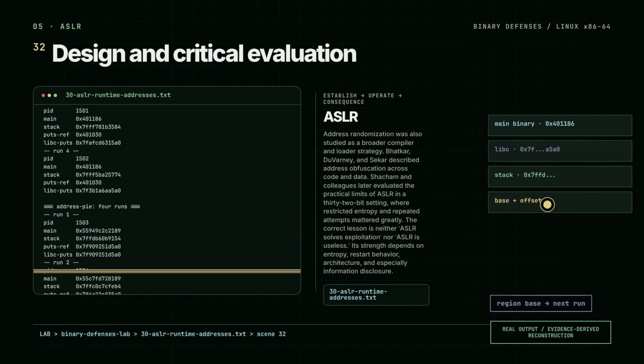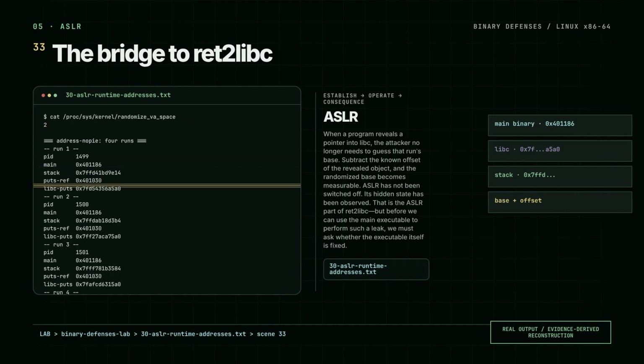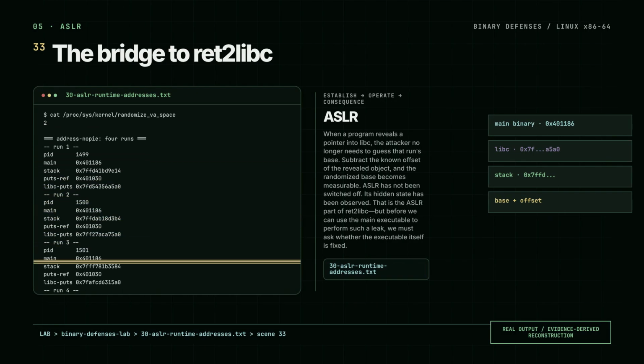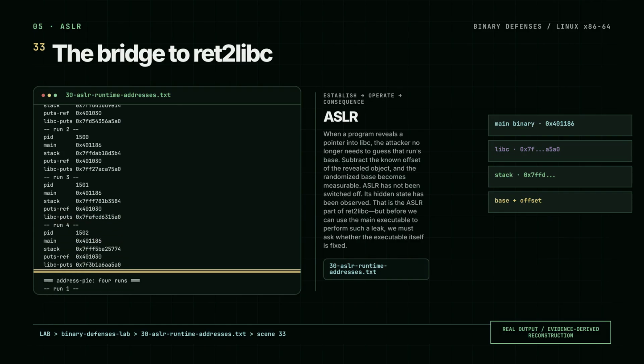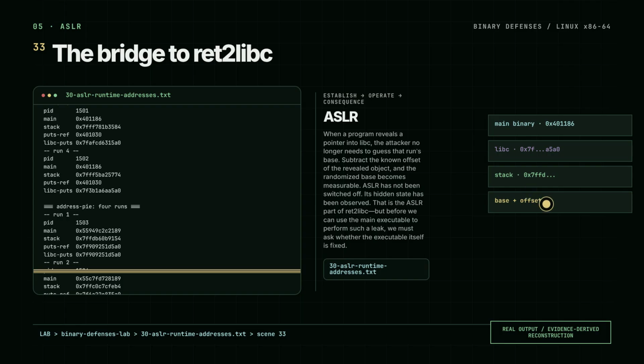Its strength depends on entropy, restart behavior, and especially information disclosure. When a program reveals a pointer into libc, the attacker no longer needs to guess that run's base. Subtract the known offset of the revealed object, and the randomized base becomes measurable.